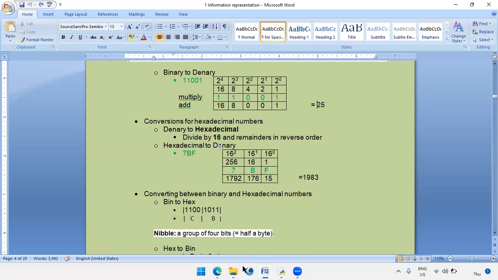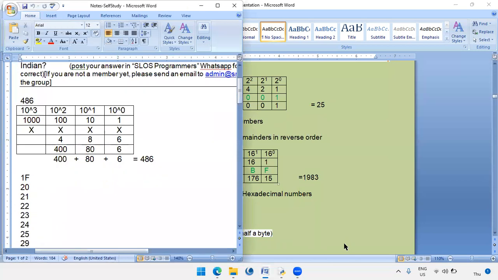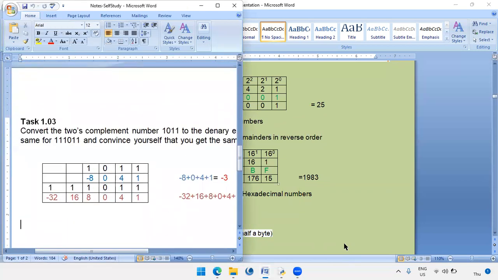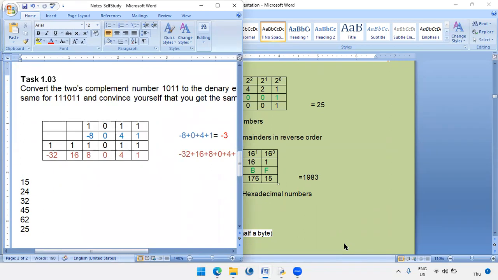When you count a number, like 15, 4, 32, 45, 62, 25, how do you count? 5. 5 plus 4 is 9. 9 plus 2 is 11. 11, 5 is 16. 16 plus 2 is 18. 18 plus 5 is 20.